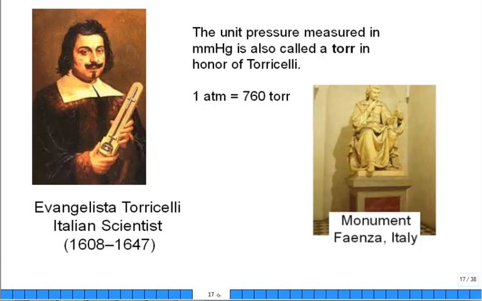This is the man, Torricelli, Italian scientist, the years he lived. And we honor him to this day by saying 1 atmosphere of pressure is 760 torr. Basically, a torr is a millimeter of mercury column height, the millimeter height of mercury in a barometer.